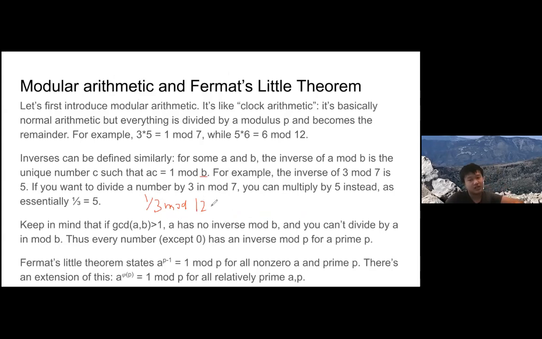That makes sense because 3 times any number is divisible by 3 even if you take it mod 12. This also means you can't divide by 3 in mod 12. So be careful with mods.